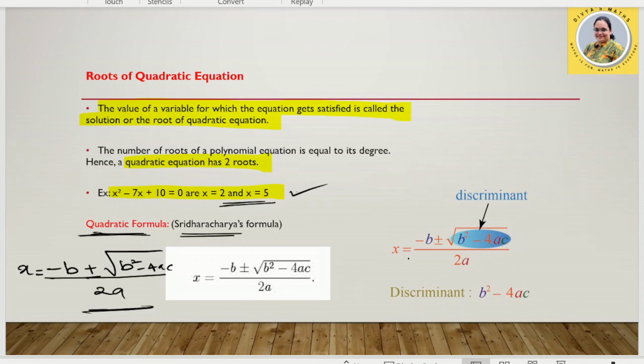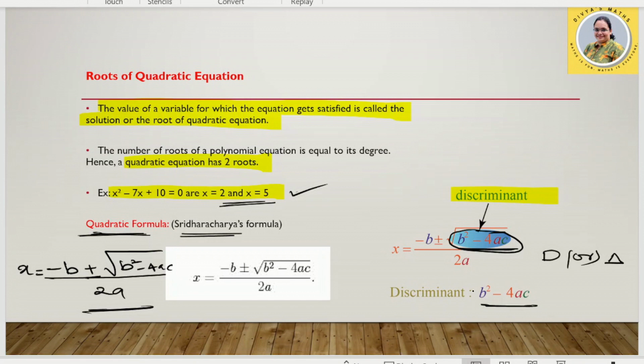So in this formula, if you see, you have b square minus 4ac, right? This b square minus 4ac is called the discriminant. The discriminant is represented as capital D, or it is also represented as delta.